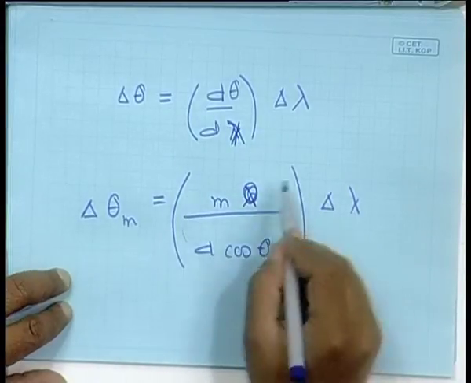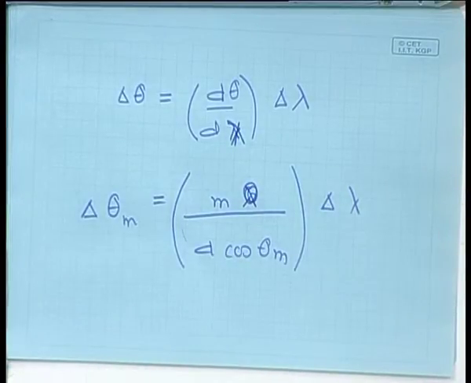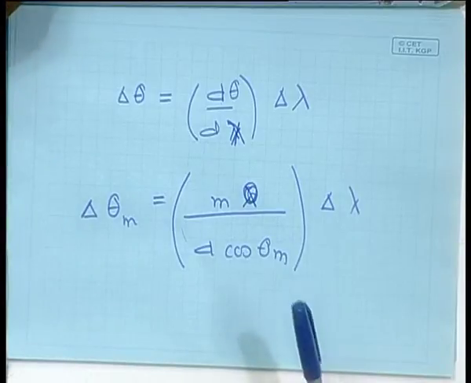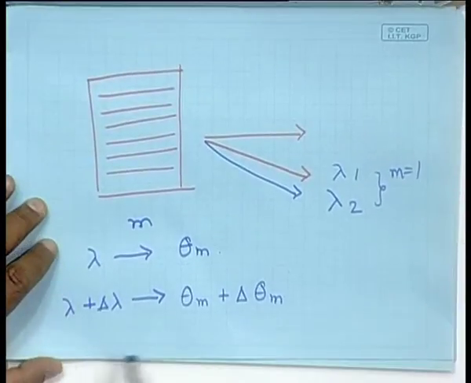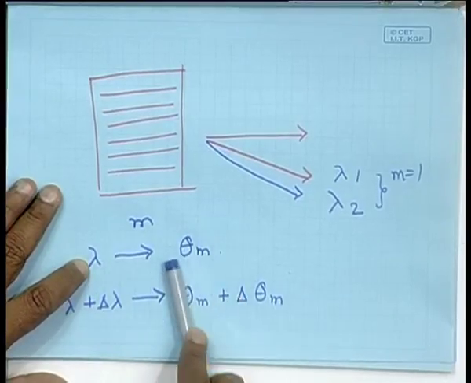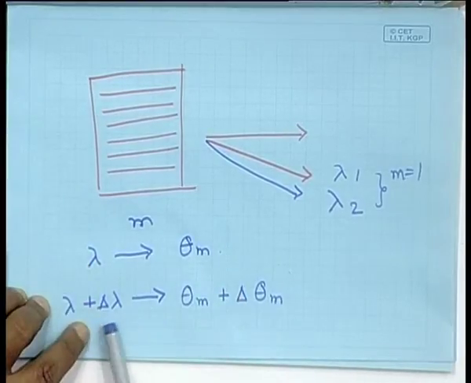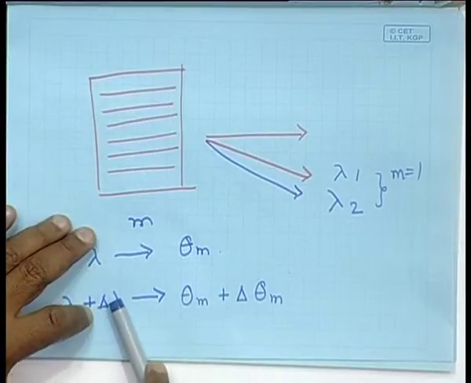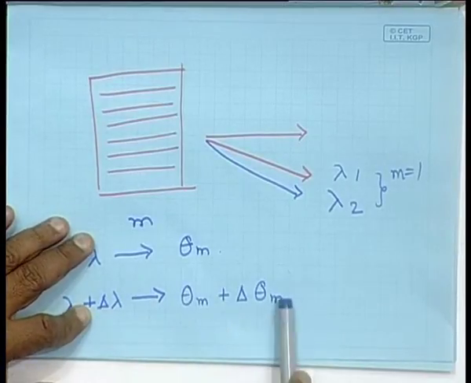And this term is what is called the dispersive power of a grating. What it tells us is that if I put in light of wavelength lambda, the maxima will occur at an angle theta m. If I change the wavelength by a small amount to lambda plus delta lambda, how much is the maxima going to shift?